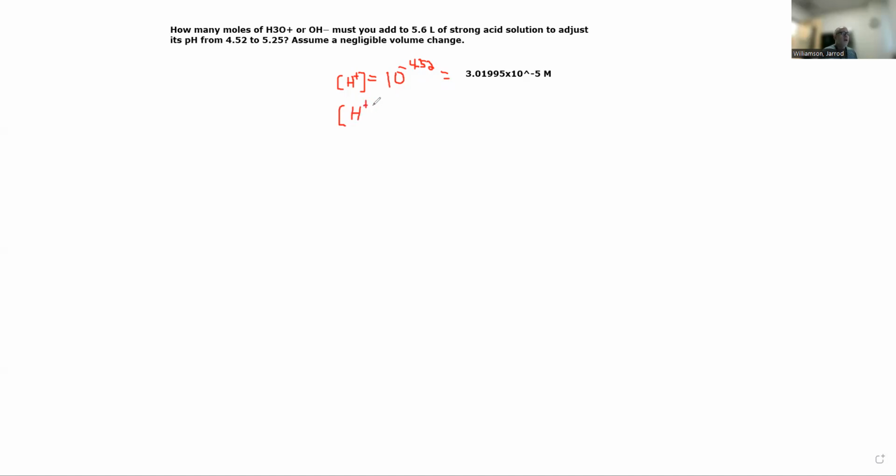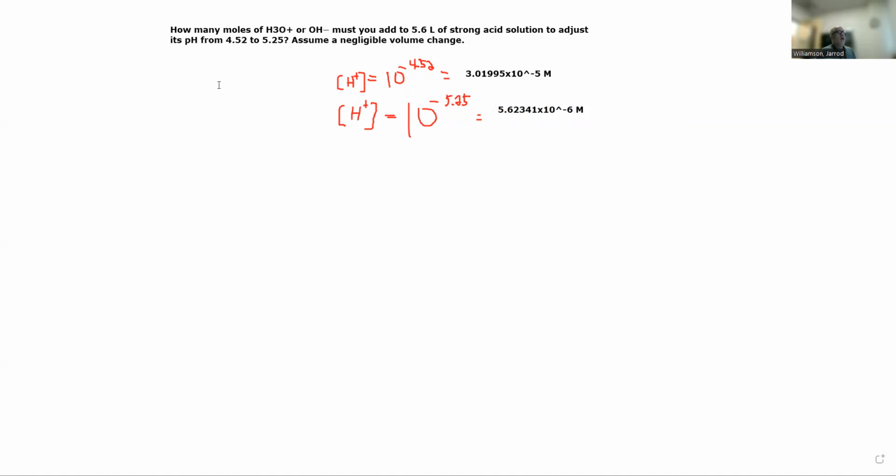That's hydrogen ion, but I'm writing with my mouse, not a stylus, so it's just easier to write this. 10 to the negative 5.25 will be equal to 5.6234 times 10 to the negative 6 molarity.